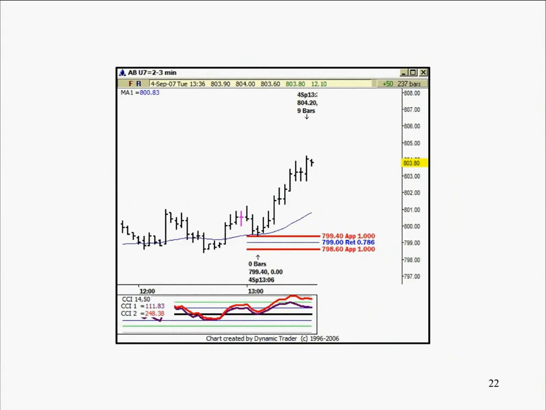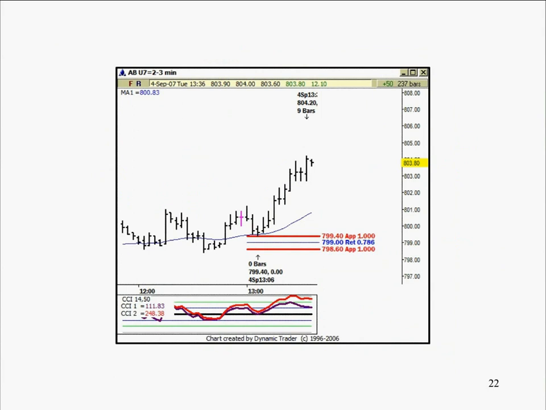Okay, this next example is, again, the Russell. It's on a 3-minute chart. Now, I only do one 3-minute chart during the day nowadays because there's just too much to keep up with so many charts, and the setups that occur on the higher time frame typically will give you more bang for your buck.